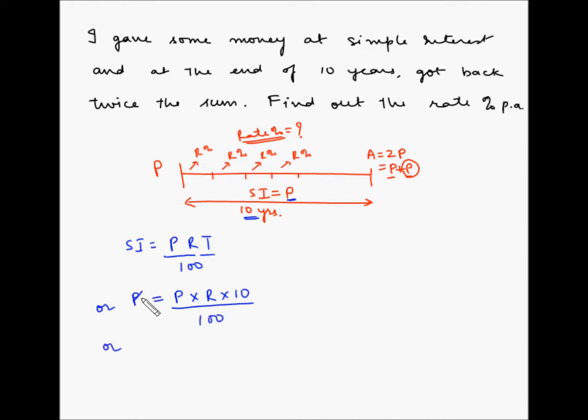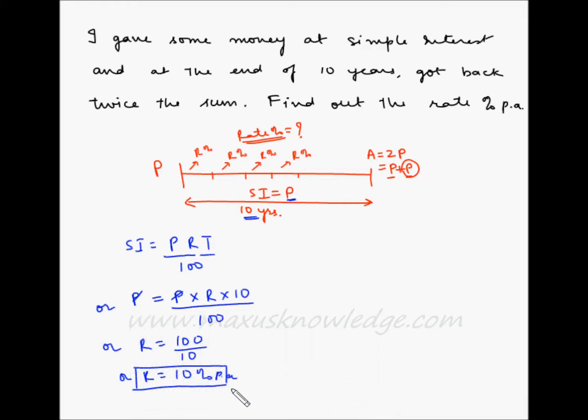So this P gets cancelled with this P. So R is equal to, let's take this 100 and this 10 on the other side. So it becomes 100 divided by 10, or R is equal to 10% per annum. So the rate of interest is 10% per annum.